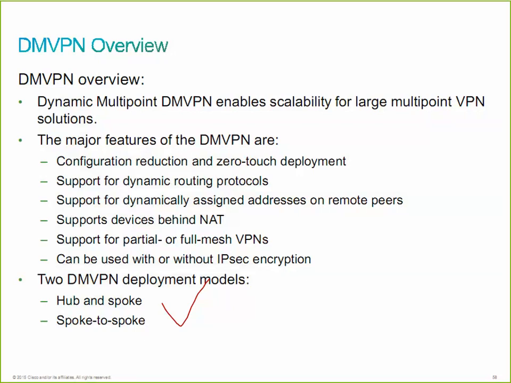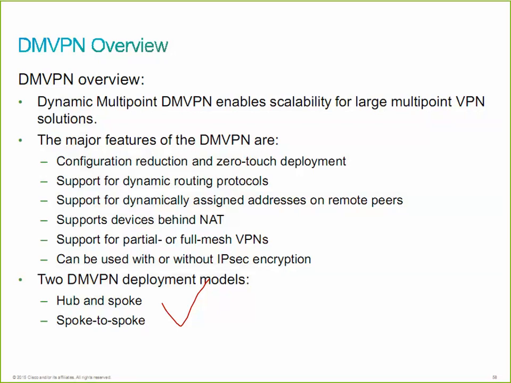In a strict hub and spoke DMVPN deployment, each branch has to be configured with a point-to-point GRE interface back to the hub. And all of the traffic between the spoke networks has to flow through that hub router. That's more of your traditional GRE with IPsec configuration.